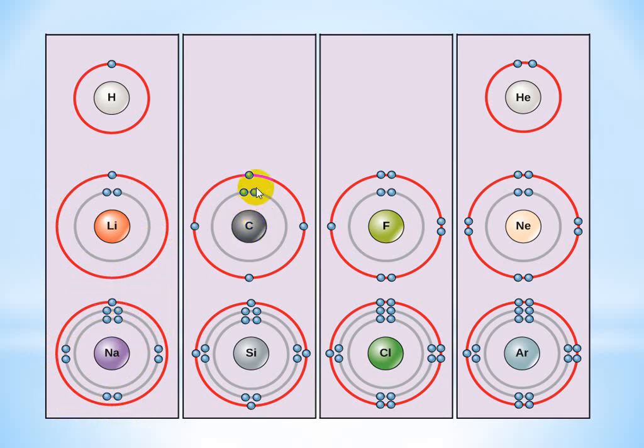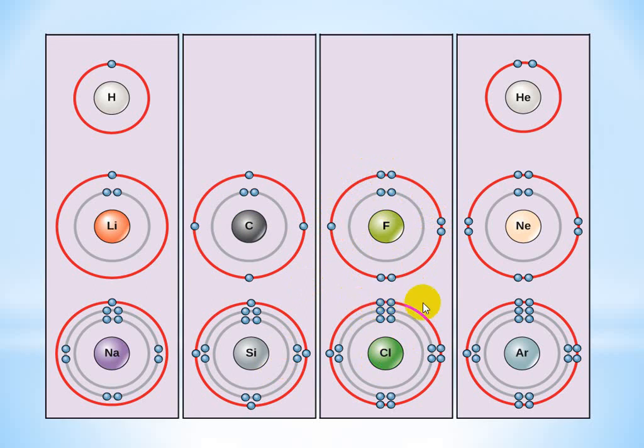Here carbon has 2 electrons in the first energy level and 4 electrons in the outermost energy level, so carbon atom shares electrons with other atoms to become 8. Silicon has 4 valence electrons also, so it can share with other atoms. Fluorine has 7, it can gain or share.